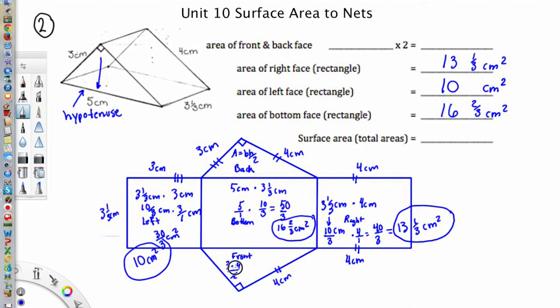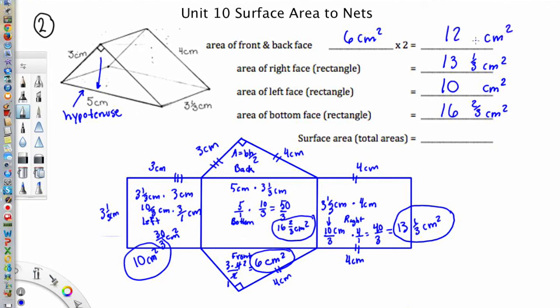The 2 and the 4 we can cross cancel. The 2 becomes a 1, the 4 becomes a 2, and we get 6 centimeters squared. That is the area of one of the triangular faces, but we have 2 of them, and when we double it, we'll get 12 centimeters squared.